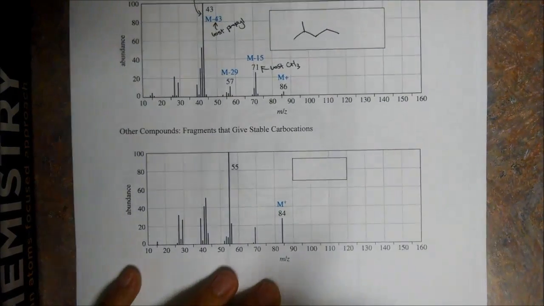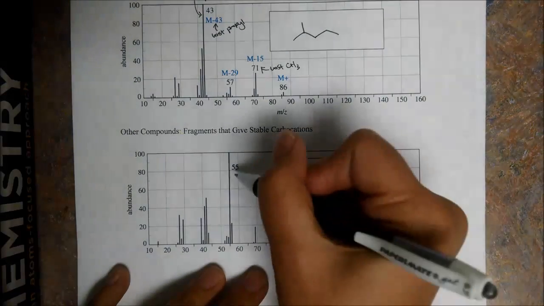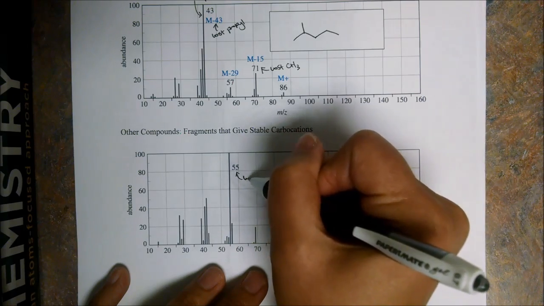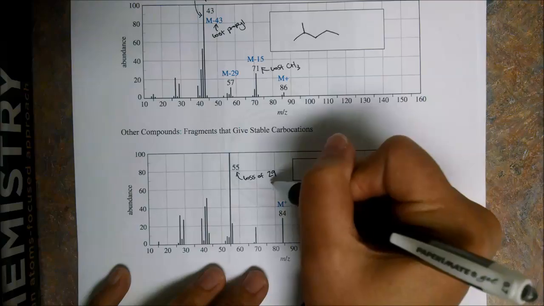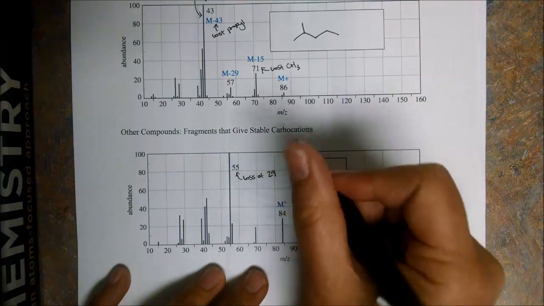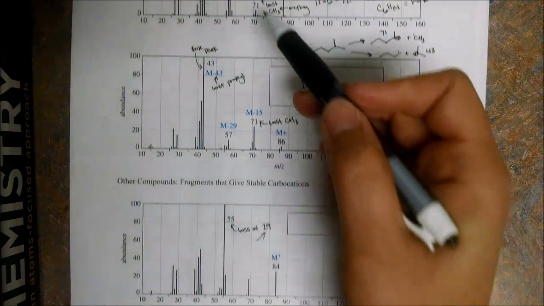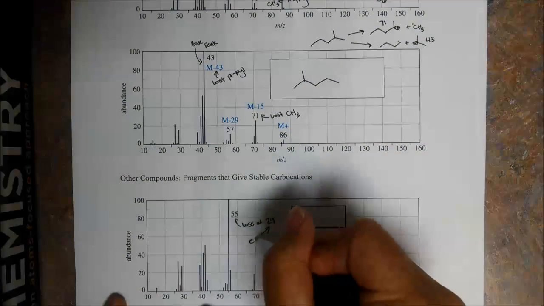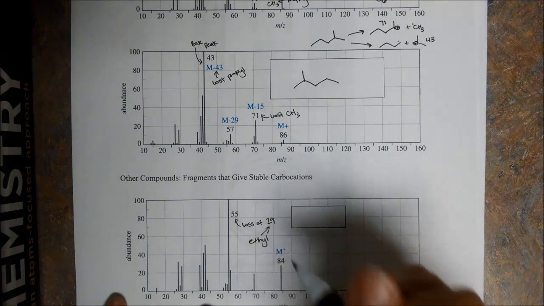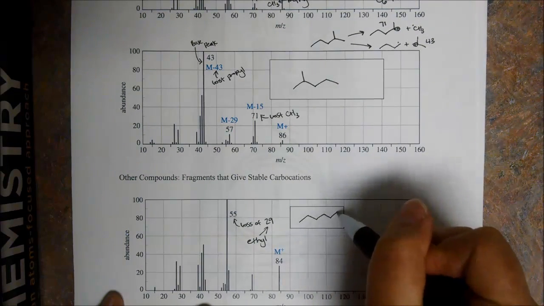We can use this analysis for other things. So here you can see this was a loss of 29 units. What does this correspond to? Go all the way up here, loss 29, ethyl. This mass spectrum actually corresponds to this structure.